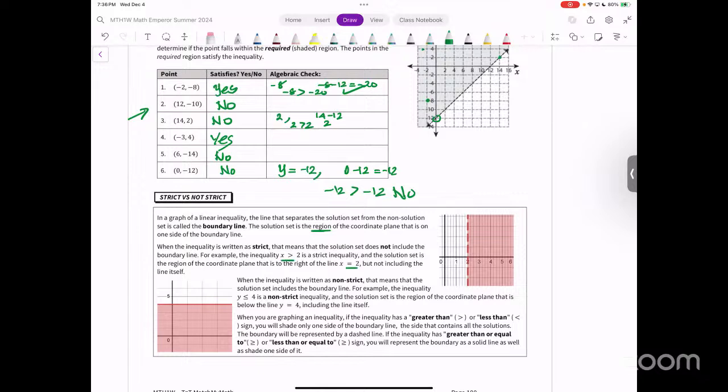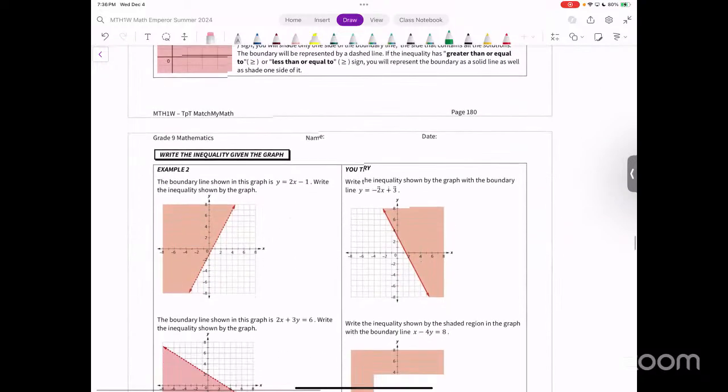When x is 2, it's not included. So the dotted line says don't include that line, and the solid line means include the line. Are you guys following that?